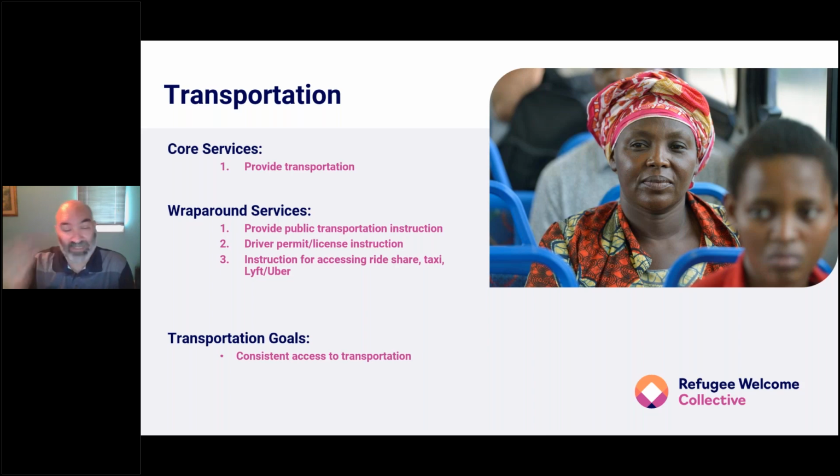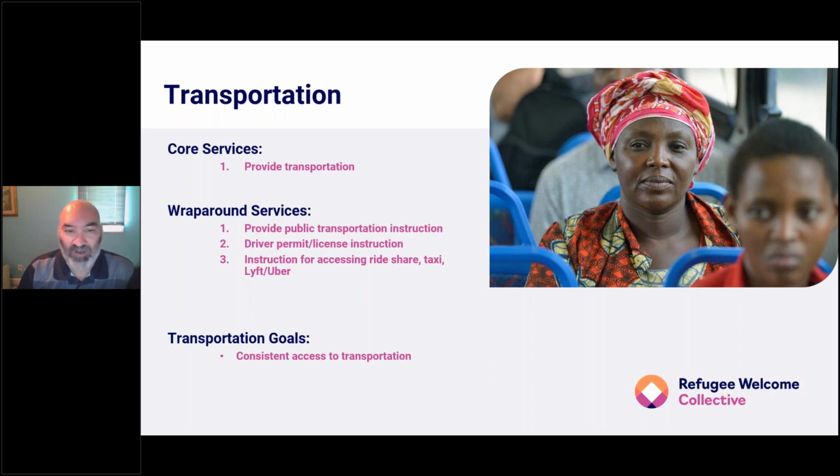The volunteer might provide that transportation, but there are lots of important wraparound services like providing public transportation instruction so that the client knows how to take the bus or the subway, or that they know how to get a driver's permit and license, and get that instruction if that's something they're interested in pursuing.